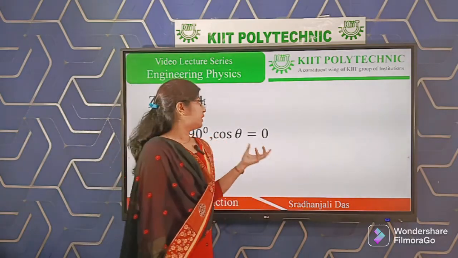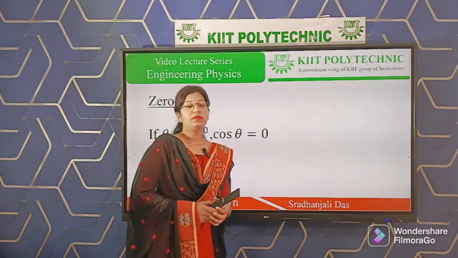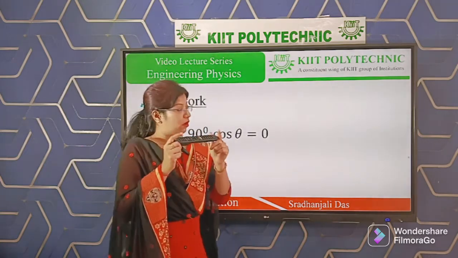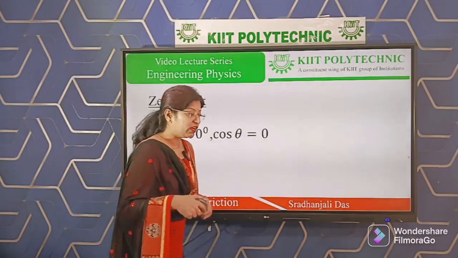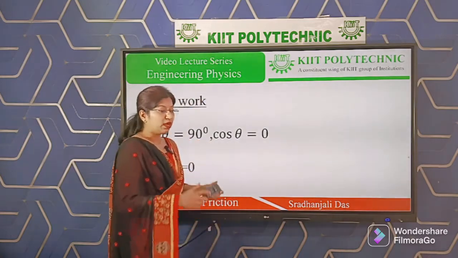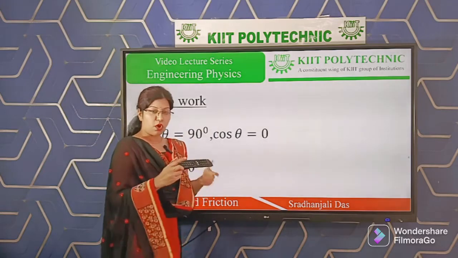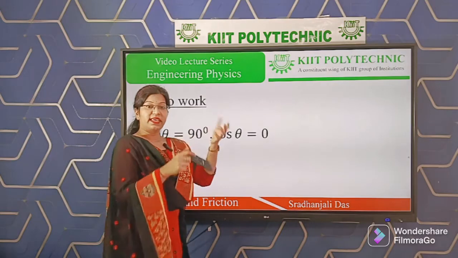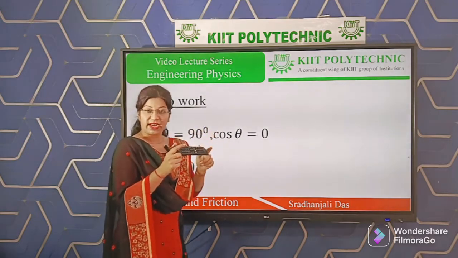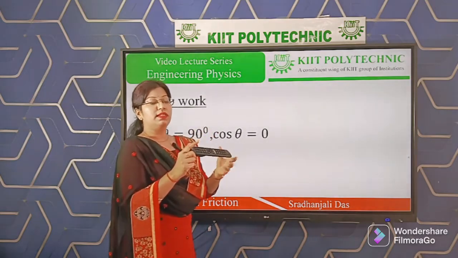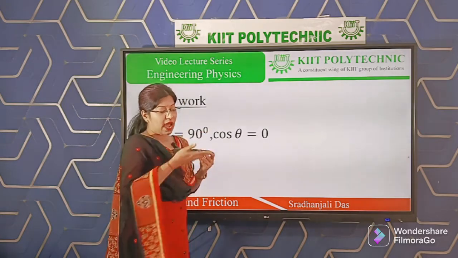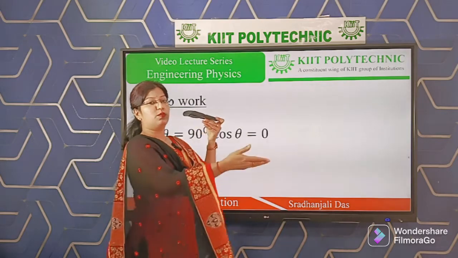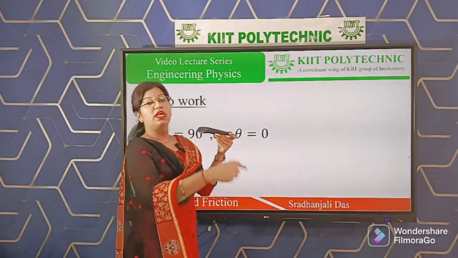Now we take an example of zero work. Suppose a coolie is carrying a box on her head and moving in a forward direction. While lifting the luggage in a vertically upward direction and then carrying it on the head and moving, the direction of the applied force and the direction of the motion are perpendicular to each other.